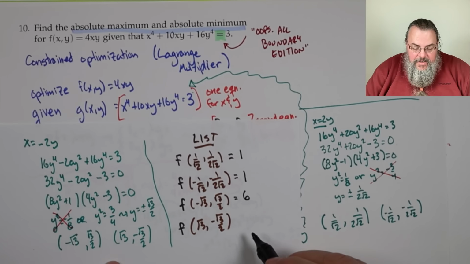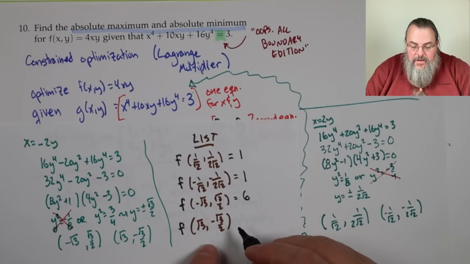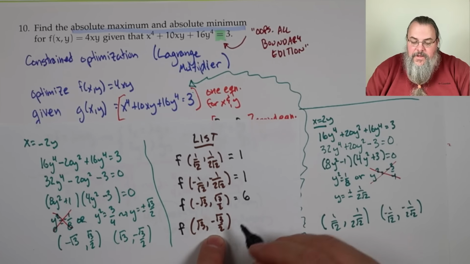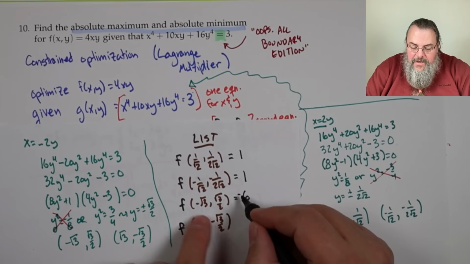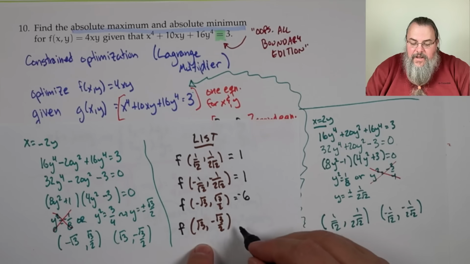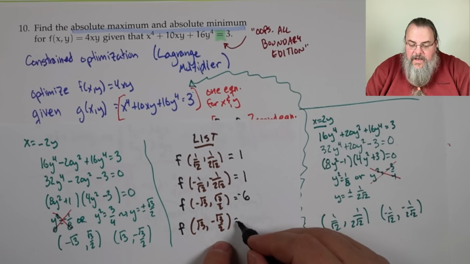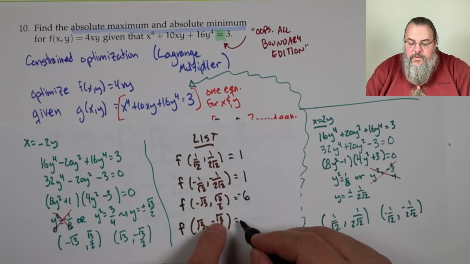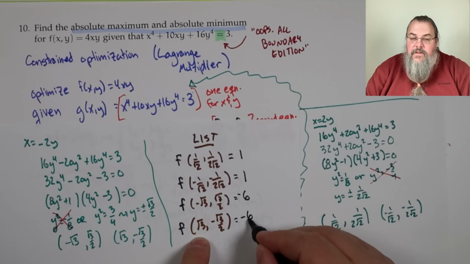And, all right, now what? Well, do the same thing here. 4 times root 3 times minus root 3 over 2. Oh, not 6, negative 6, right? I forgot that minus sign. And so here, again, 4 times a half is 2. And then we have the root 3's. So that gives us negative 6.